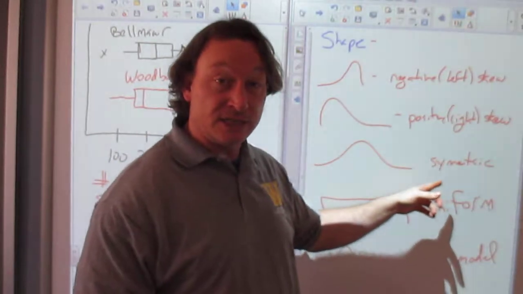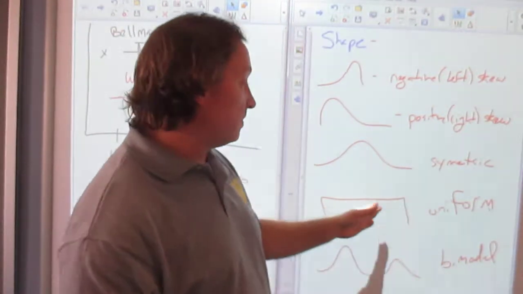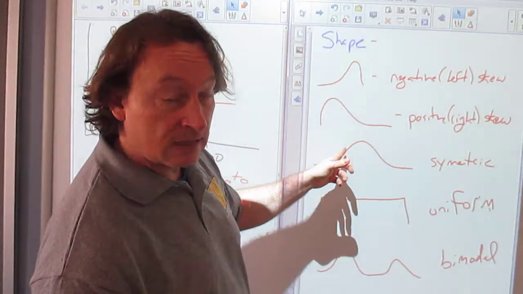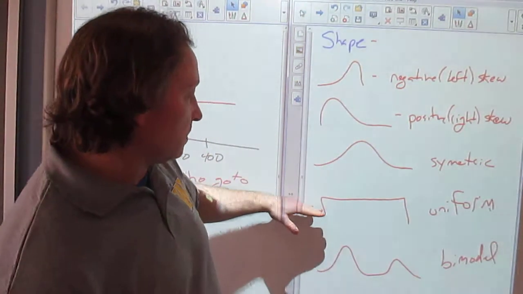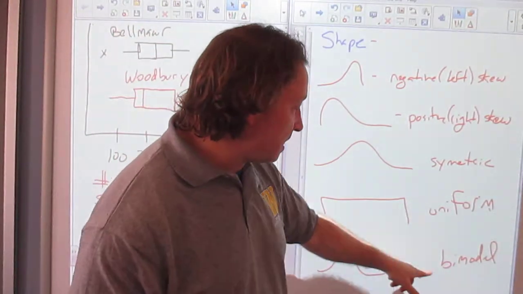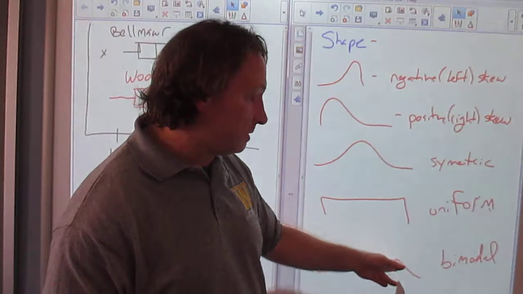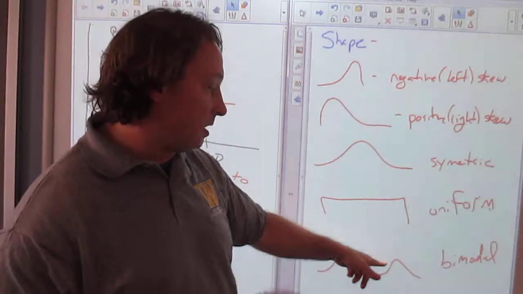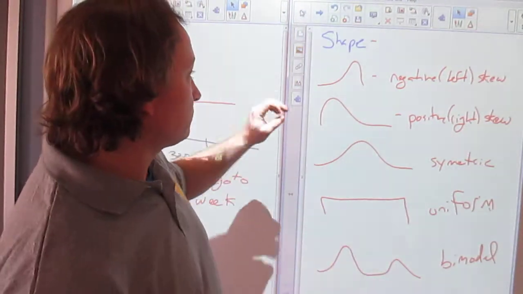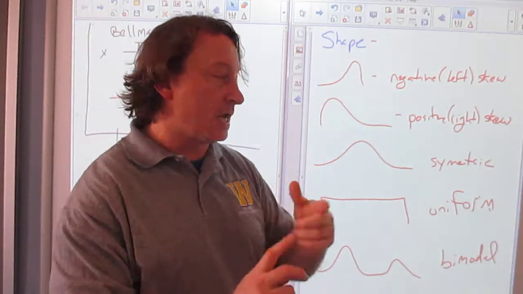Symmetric, meaning if I put a line down the middle, whatever's on the right side looks like it's on the left side. Uniform, they're all the same value, like minions. And bimodal means there's 2 of these, like a double humped camel. There's 2 of them, and that's 2 modes. So when we're doing this, we want to talk about shape.